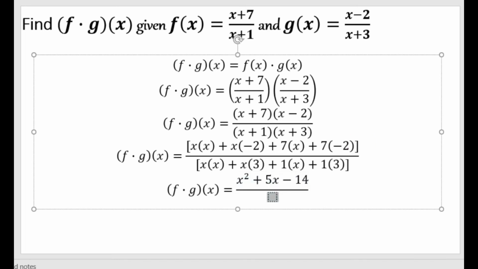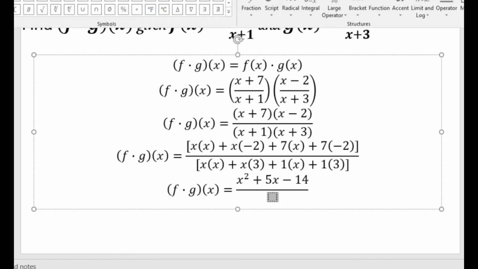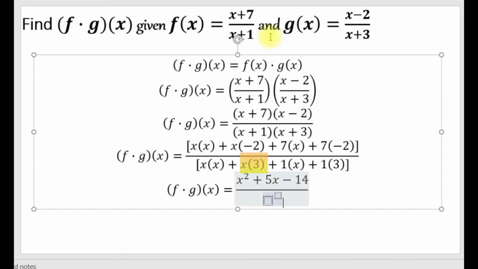For the denominator, we're going to have x times x and that is x squared, and then x times 3 that's 3x plus 1 times x that's x, so we'll have 4x and then the constant which is plus 1 times 3 is 3.